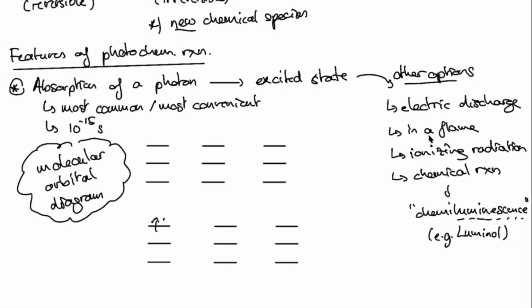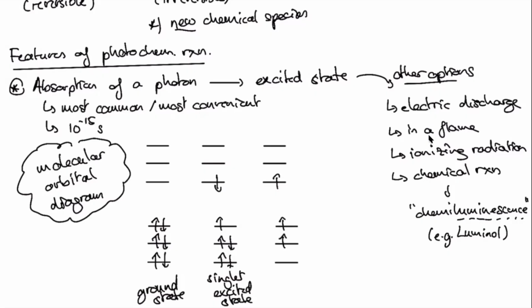So we have the ground state, right, with all the orbitals filled. And we have the singlet excited state. So one electron is here. And we have the triplet excited state. We'll get back to that a bit later.